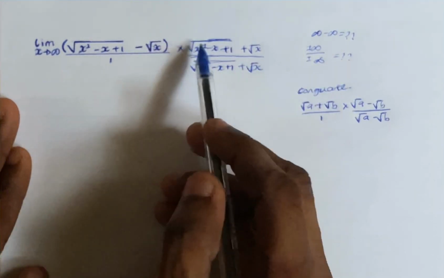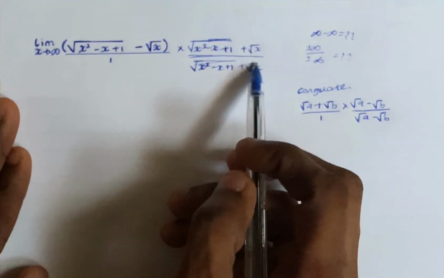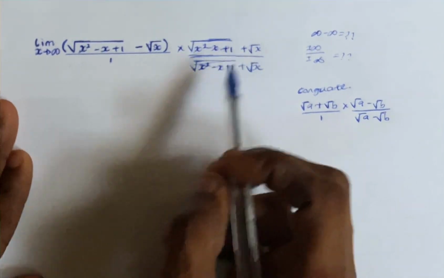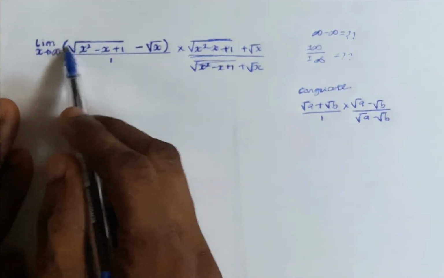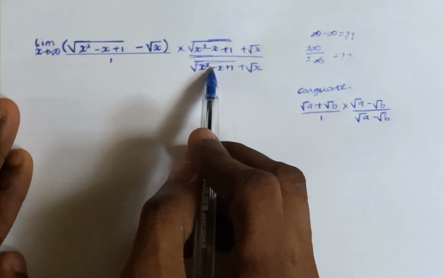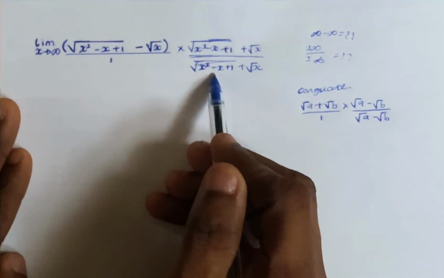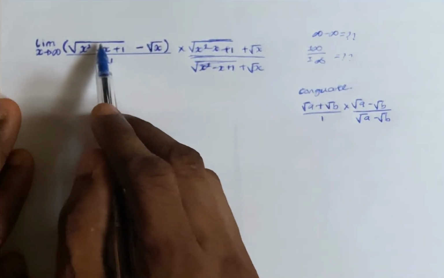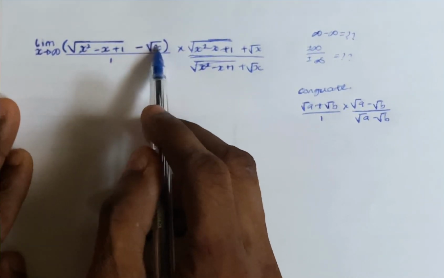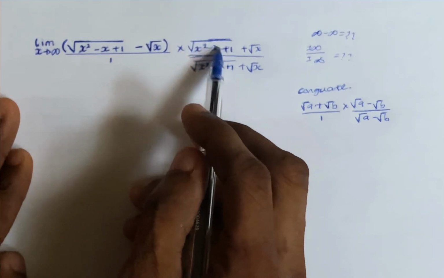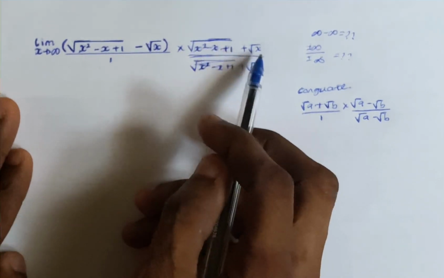Now you see, when we divide this by this, it still equals 1, so we're not changing anything in the equation. We multiply this by this and this by this. Anything multiplied by 1 is equal to that same thing. Now we have square root of x squared minus x plus 1 minus square root of x, times square root of x squared minus x plus 1 plus square root of x.